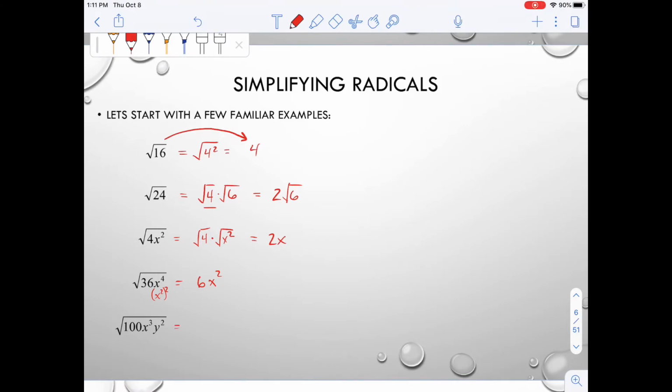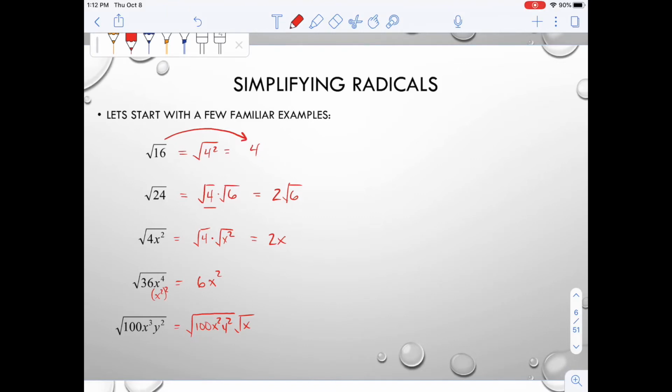The last one I'm going to write in a couple of parts here. So I've got the square root of 100, and I'm going to write x squared y squared times square root of x. X squared times x to the first is going to give me that x to the third term that I had over here.